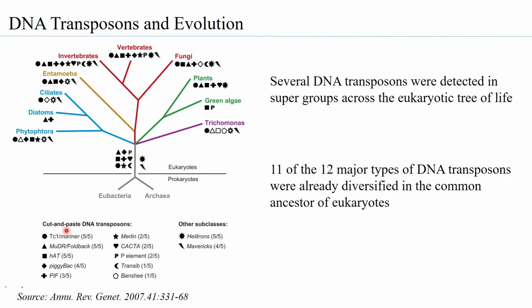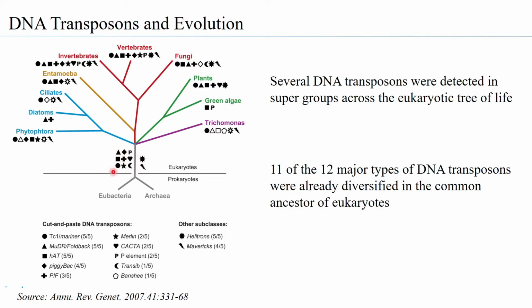So you can see there are varied types of DNA transposons: Tc1/Mariner transposons, the piggyBac transposon, and the P elements, which are commonly found in Drosophila. All these major types of DNA transposons have been found to be distributed across all the different supergroups that are present in the eukaryotic tree of life. And you can see that the dispersion or the presence of these DNA transposons is not the same.